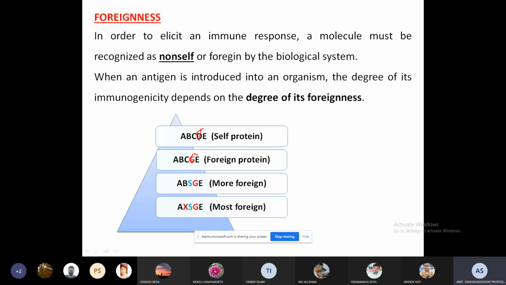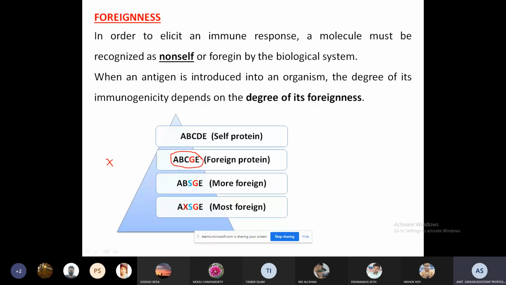We can say that this protein coming from microorganism X is 1/5 foreign in comparison. So it will sometimes be difficult for our immune system to recognize this subtle change of one amino acid. It may fail to understand that this is a foreign protein because the difference is very low. So definitely this is foreign, but not very much foreign.